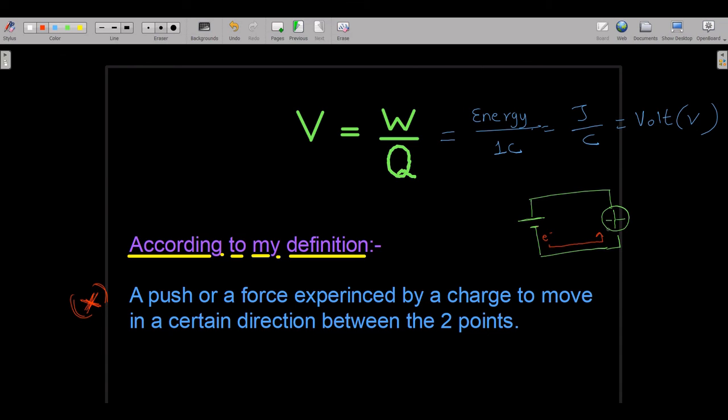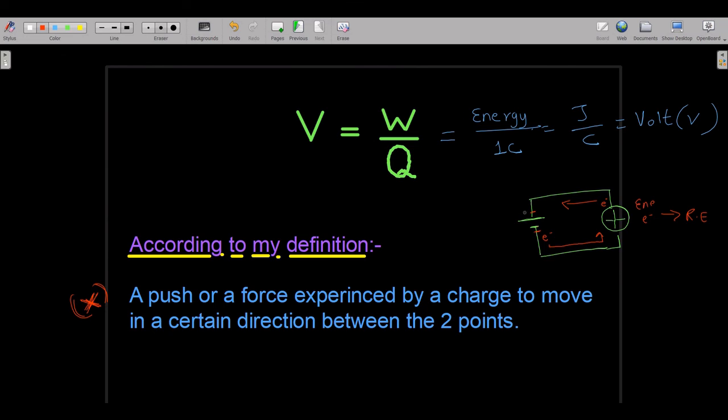As soon as the electrons encountered the fan, the energy present in the electron got converted into rotational energy of the fan. Now as soon as the electron reaches this point, it doesn't have any energy, but due to attraction of the battery, it will move in this direction and reach this particular point.